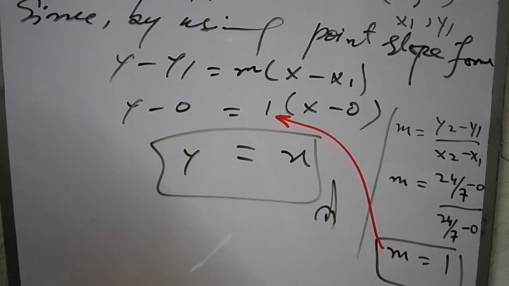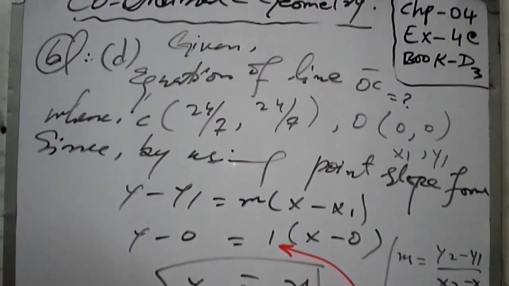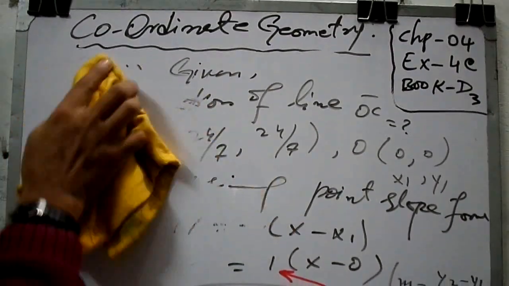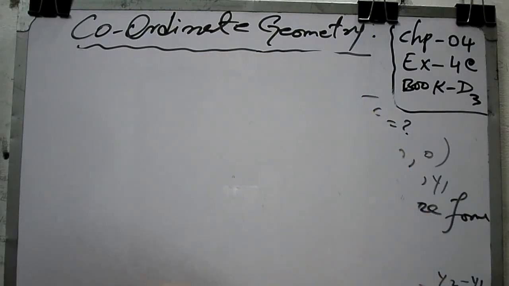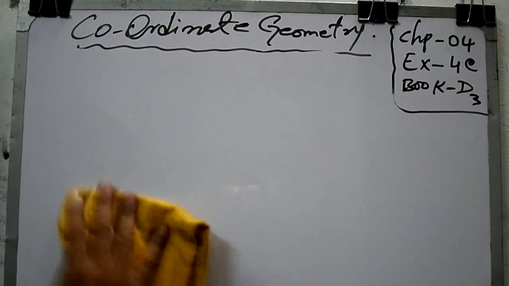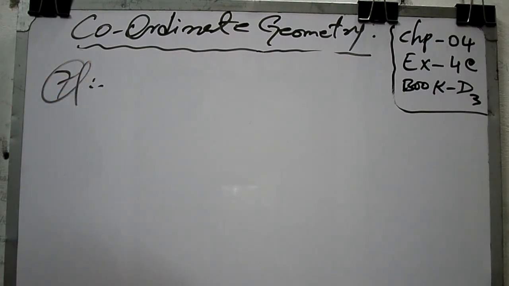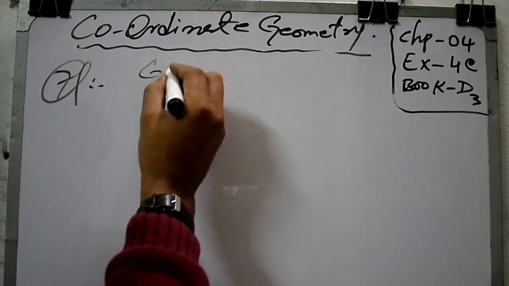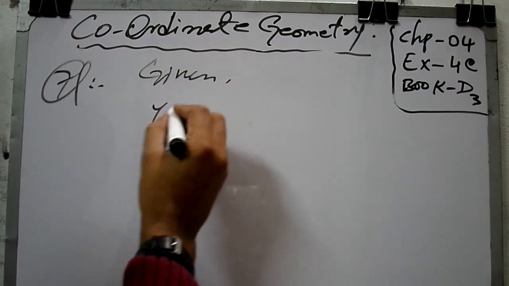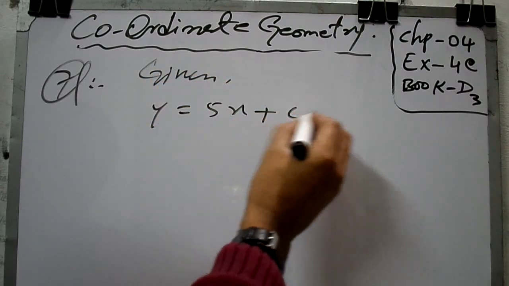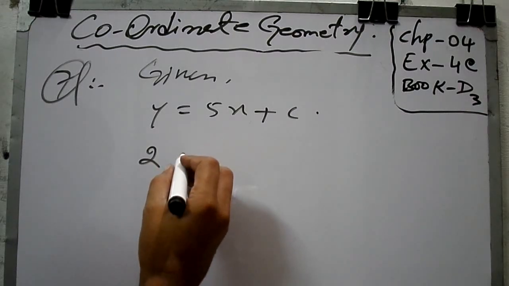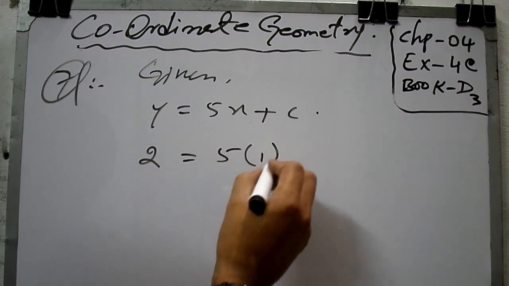So coming to the next question, question number 7. Read the statement. Given that the point 1, 2 lies on the line y is equal to 5x plus c, find c. Given the line y is equal to 5x plus c, what is the value of c? That is 5 into 1 plus c.